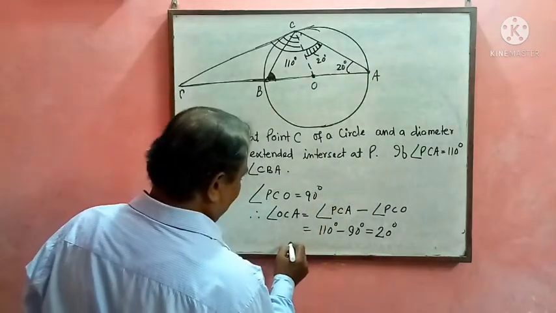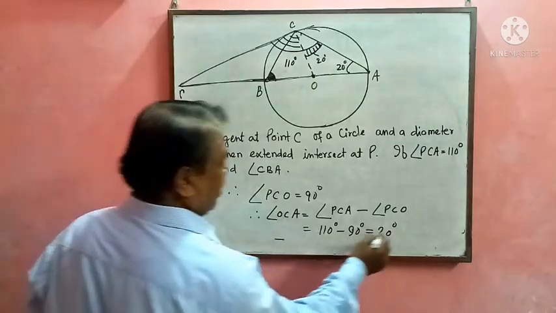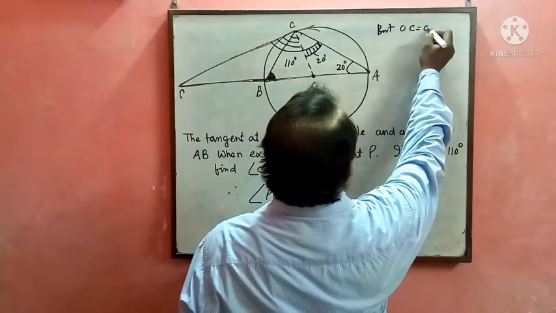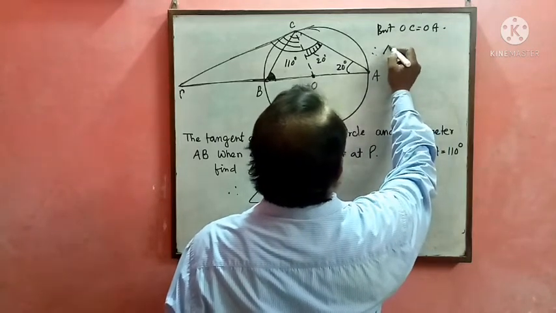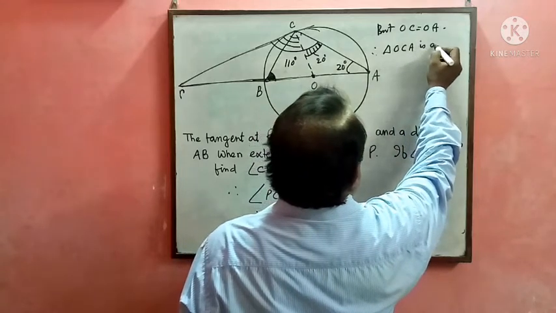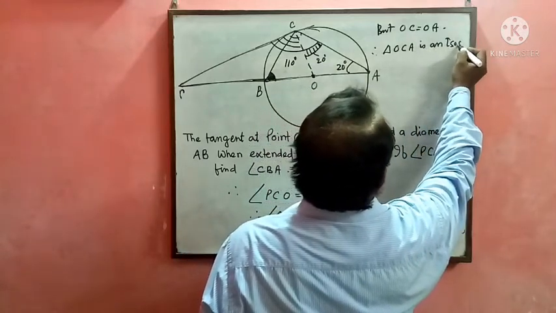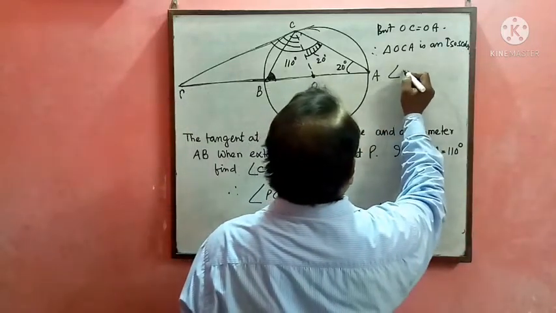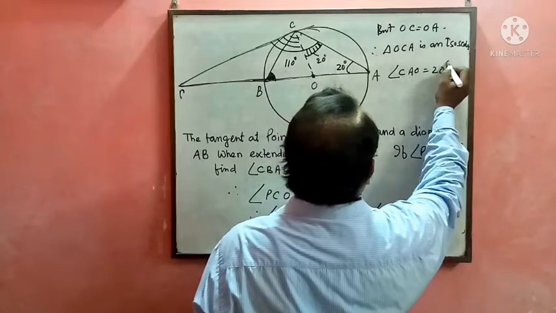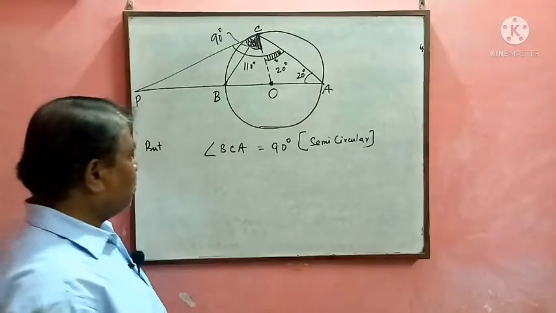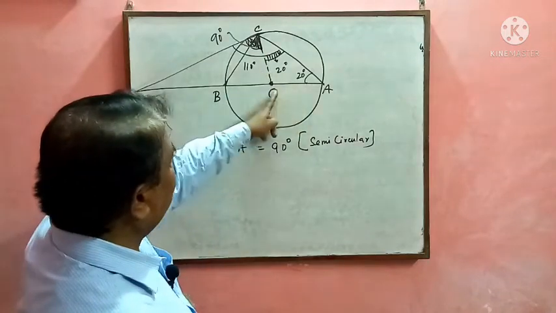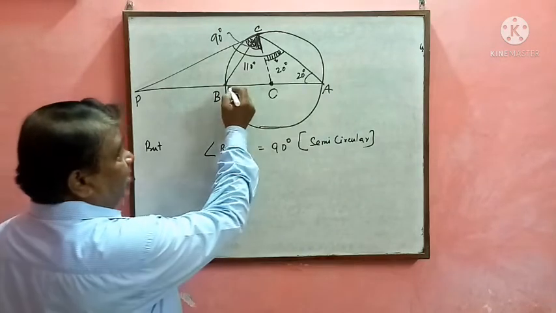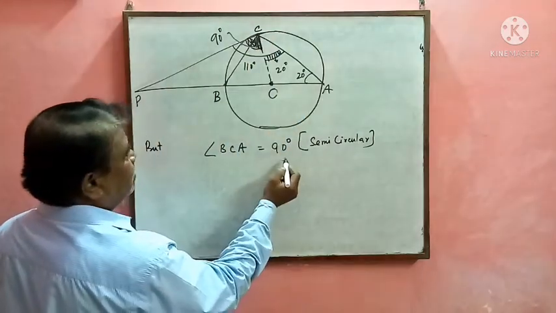For the next step you have to write: OC is equal to OA, therefore triangle OCA is isosceles. So definitely angle CAO is 20 degree. Now we have CAO is 20 degree, but angle BCA is 90 degree.